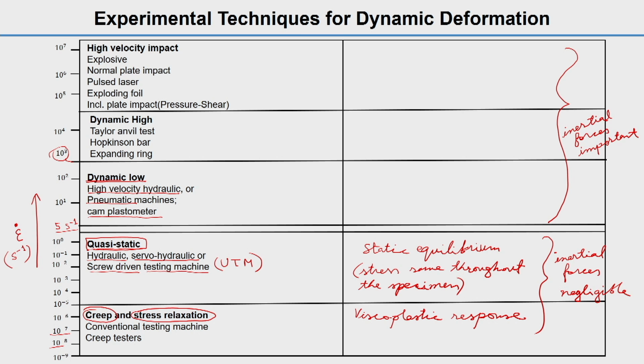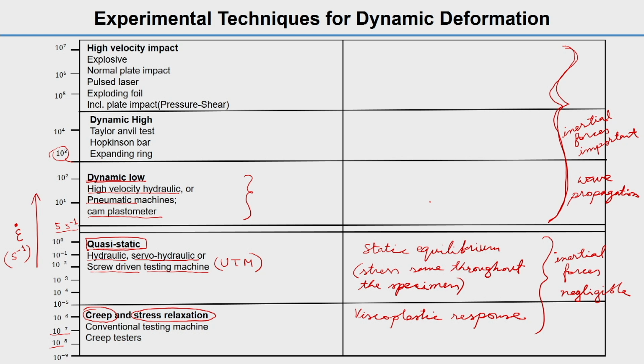Here we will get wave propagation, not in the static case. In the quasi-static case we do not get wave propagation, we get static equilibrium. In these cases the mechanical resonance in the specimen and machine is also important.